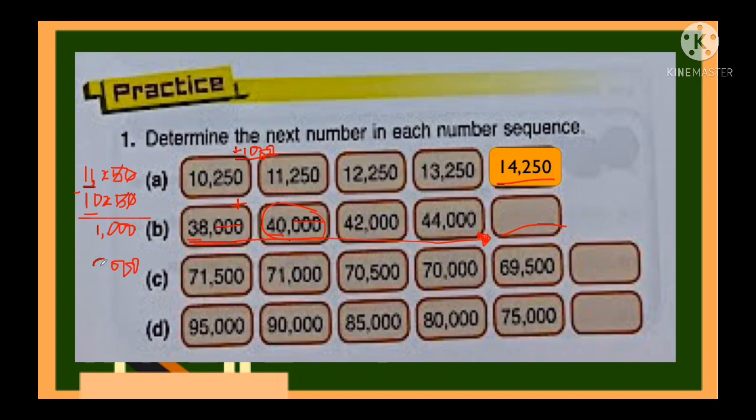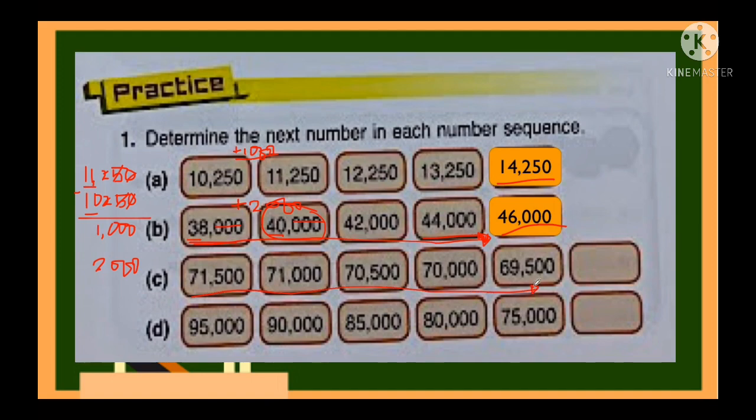Yes, it's 2. So we need to plus 2,000. So, what is 44,000 plus 2,000? Yes, good job. It is 46,000.